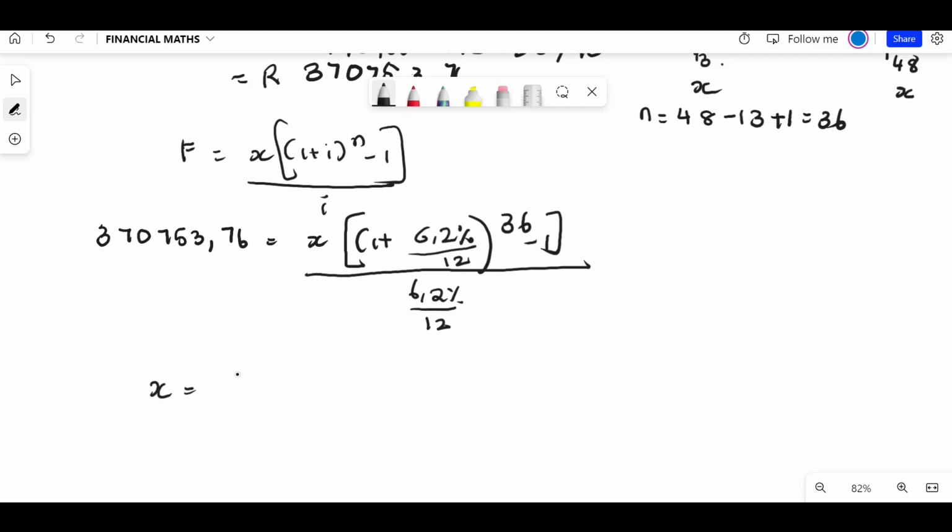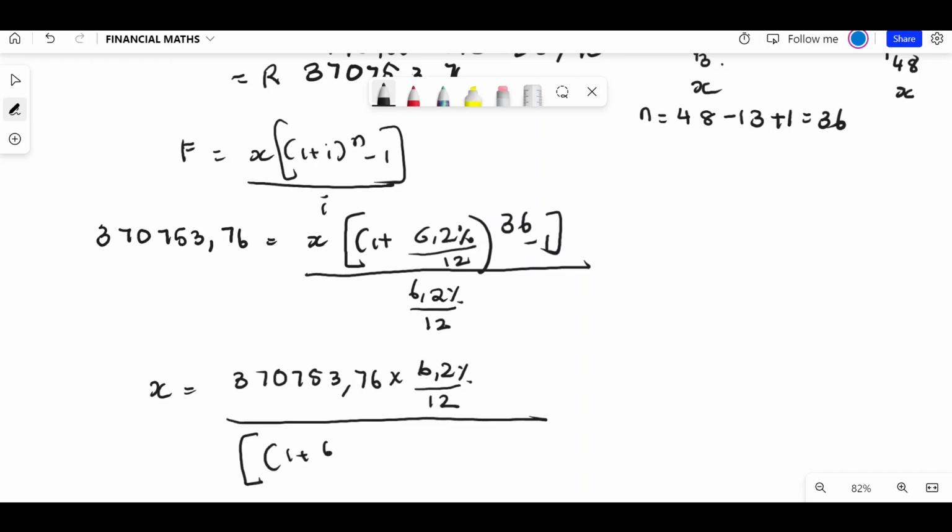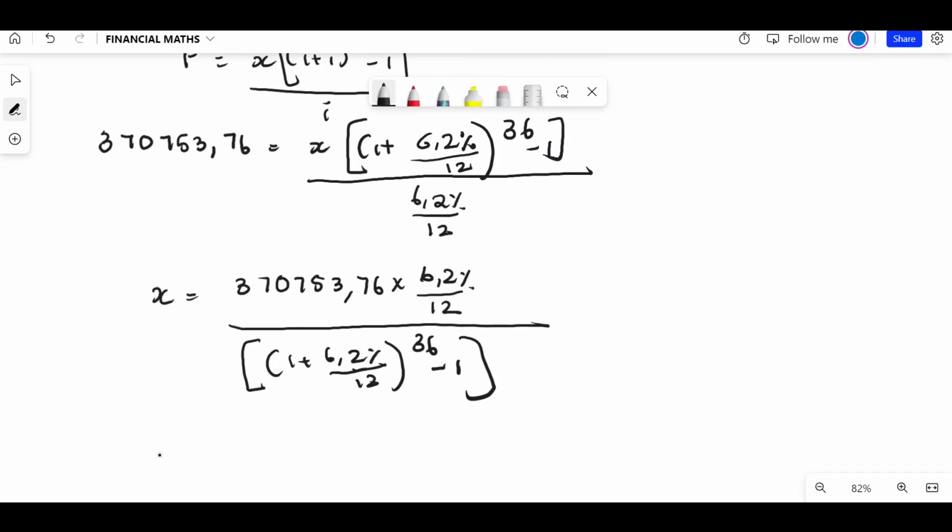So x is now 370,753.76 multiplied by 6.2% over 12, cross multiplication, divided by that big bracket: 1 plus 6.2% over 12, to the power 36, minus 1. So the x value that you're going to get here is x equal to 9,397.11. That's the final answer.